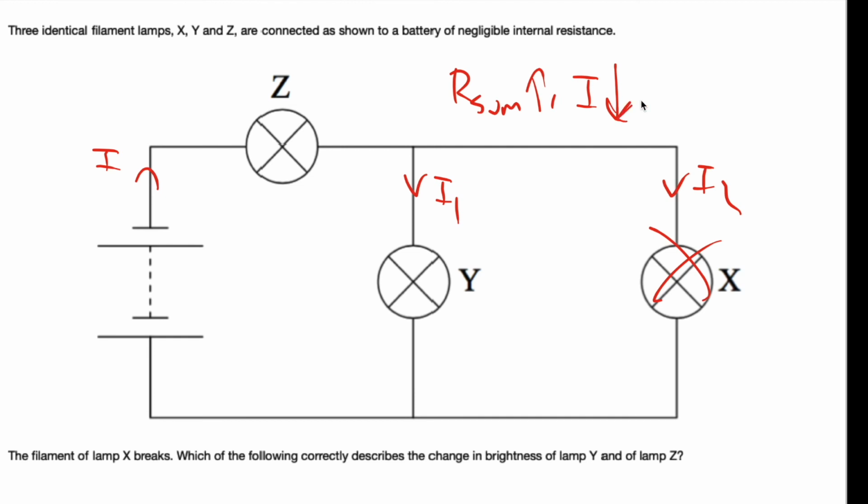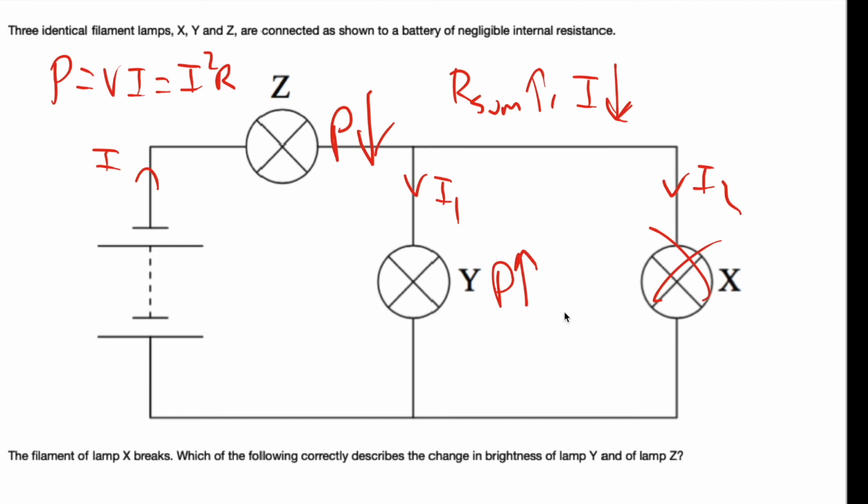And we know the resistance remains fixed. So power is equal to voltage times current, which is equal to current squared times resistance. For Z, power is going to decrease because the current decreases. But for Y, the power is going to increase. So why does the power increase for Y? We know they're identical, right?